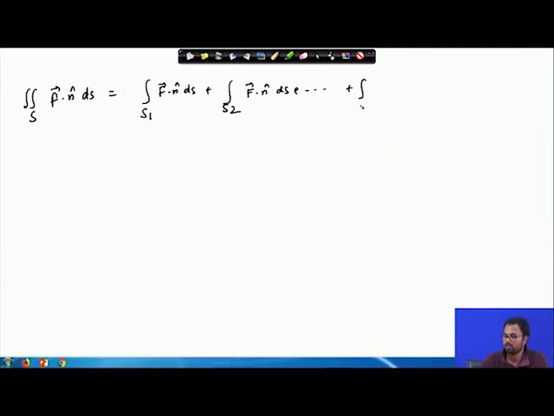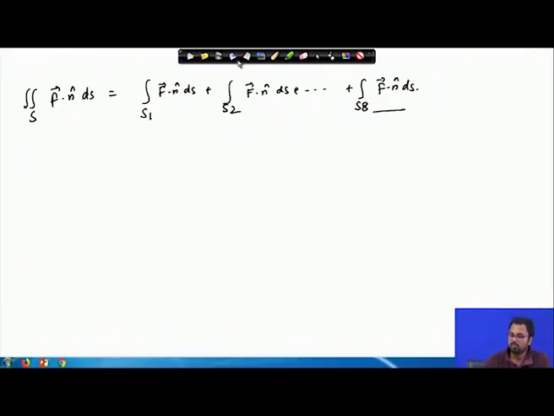So, let me write this term: it is equal to the integral over S1 of f dot n ds, that is the first surface. Then the second face, S2 f dot n ds, then the third face, fourth face, up to S8 f dot n ds. All right.